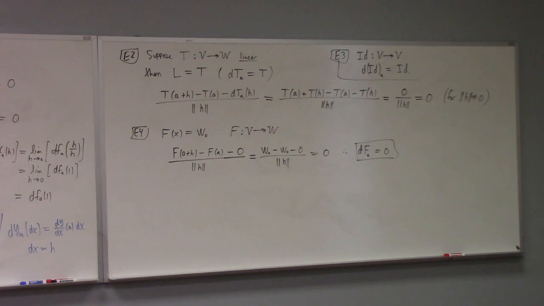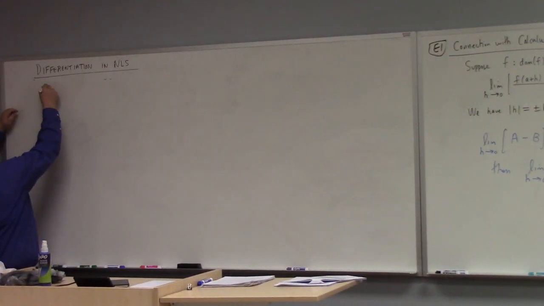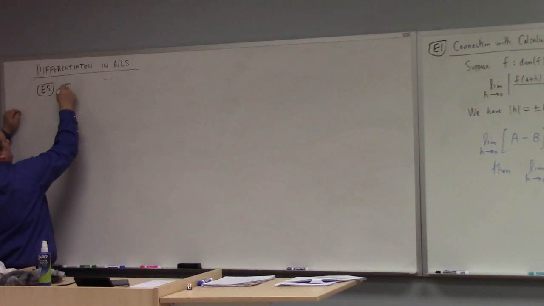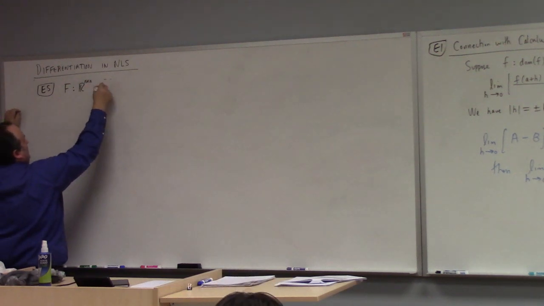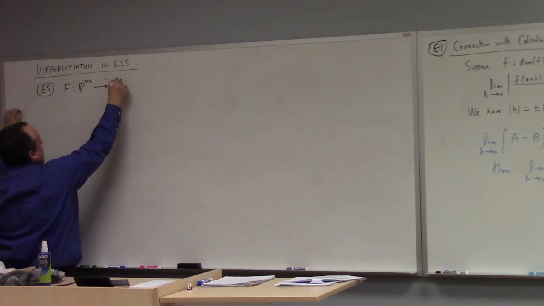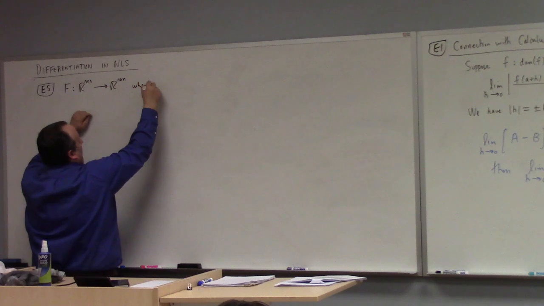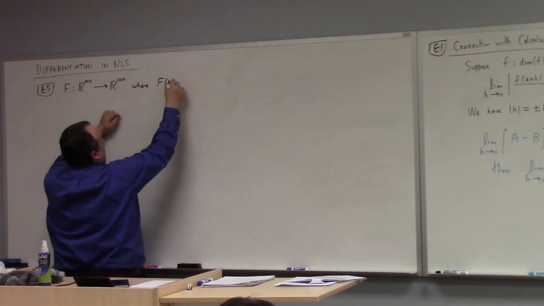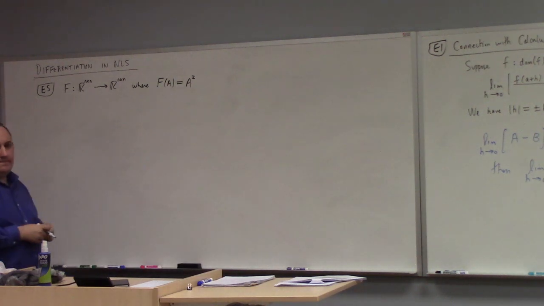So example 5. How about this? Let's let f be a mapping from R^(n by n) to R^(n by n), where f of a is equal to a squared.